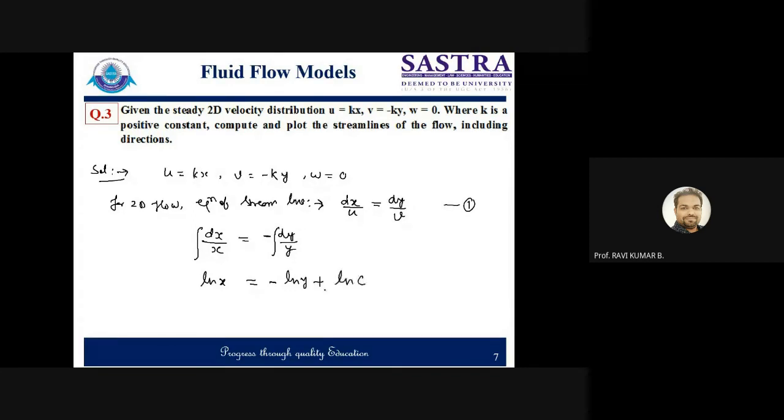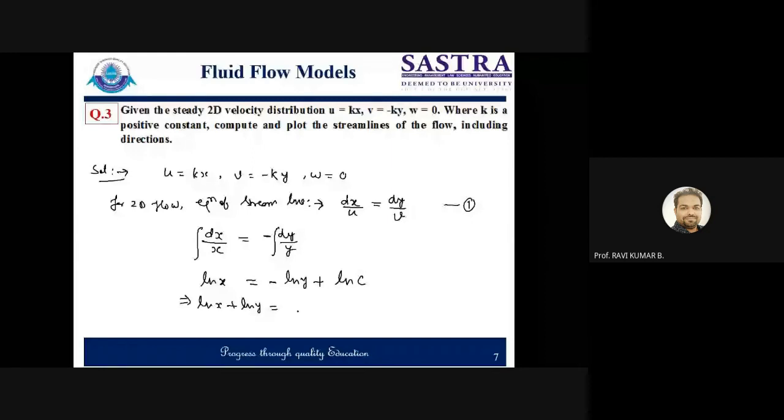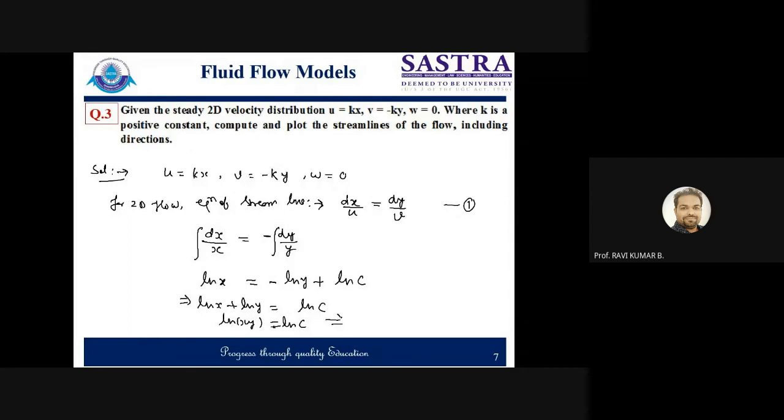Bring this term to this side: ln x plus ln y is equal to ln c. You can add these two by multiplication, so ln xy is equal to ln c, which can further be written as x into y is equal to constant.